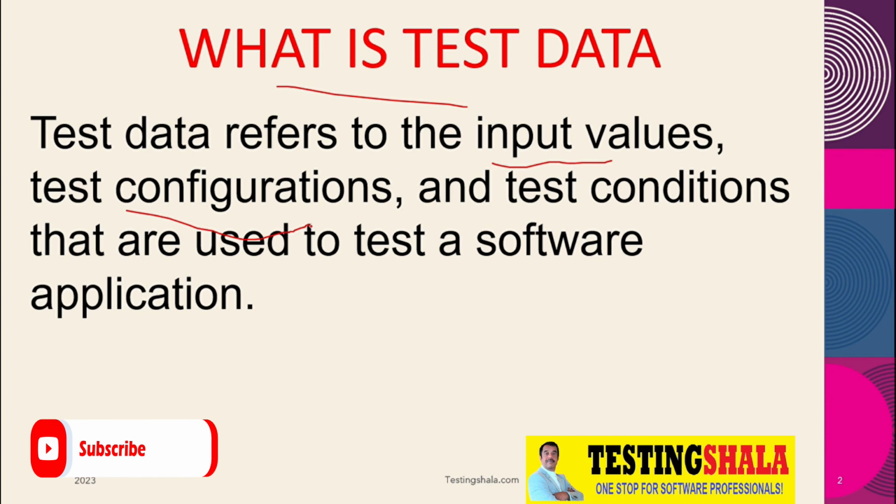That is also what we call test data in software testing. And the third thing is the test conditions. What are the various conditions we need to keep in order to test the application? That is also very crucial. These are the three things which we refer to as test data used in software testing.